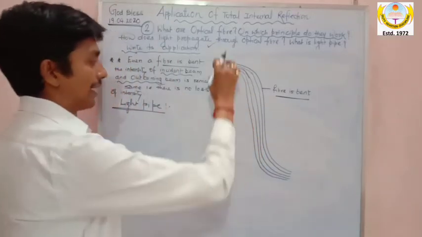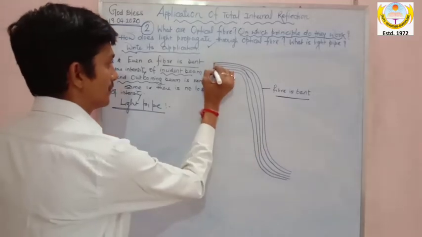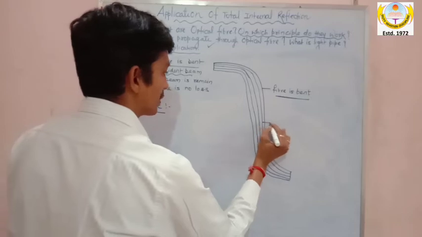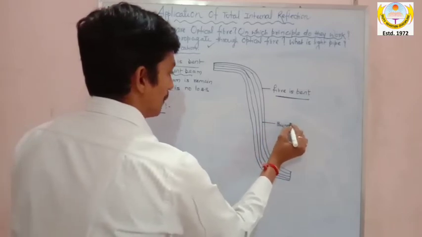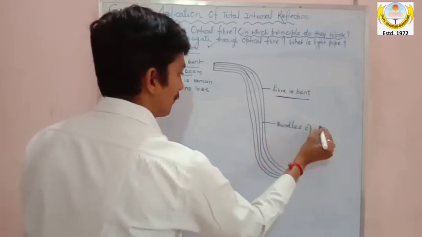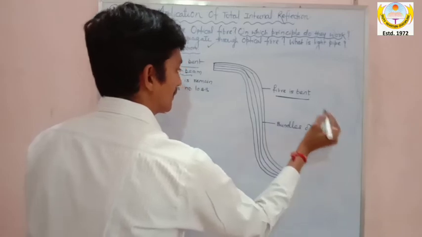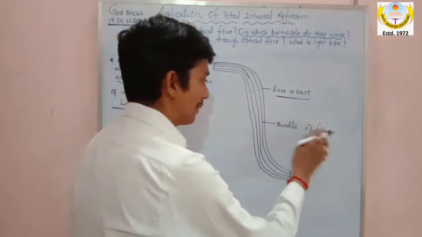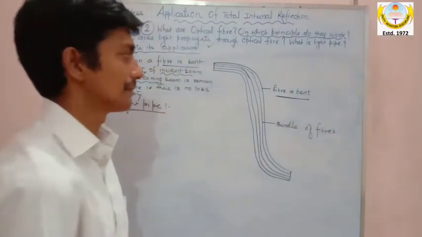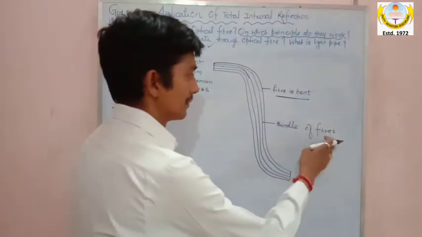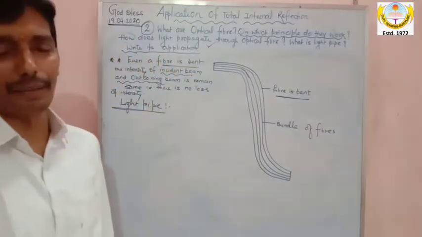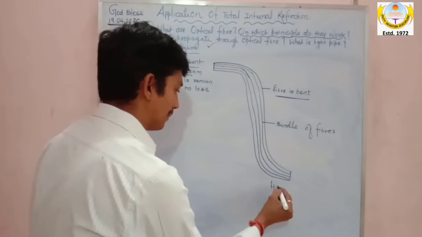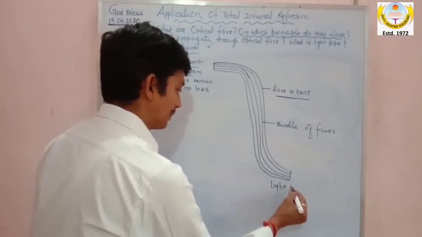I'm trying to show that I bent the fiber. So here this is called a bundle of fibers. I hope it is clear, my dear. It is a bundle of fibers, and this bundle of fibers makes a light pipe.